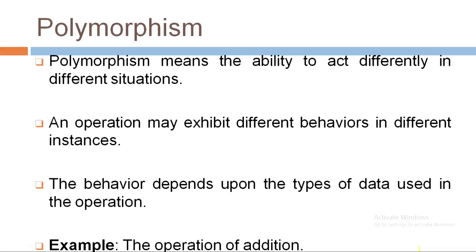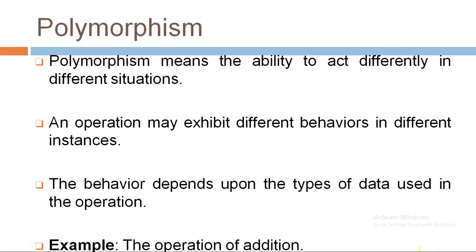The next concept is polymorphism. Polymorphism means the ability to act differently in different situations. Here the words poly and morphism are combined together to make this meaning. Poly means many and morphism means forms. So we can say polymorphism means many forms.